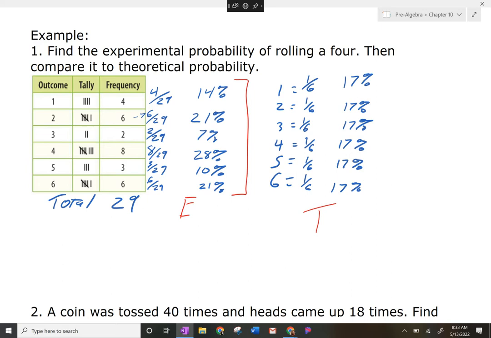So when I rolled the dice, did I have a better percentage or a worse percentage than what I thought I should have had? A better, because the number was higher. Okay? The nice thing about this is that the more samples you do, the closer it should get to this.